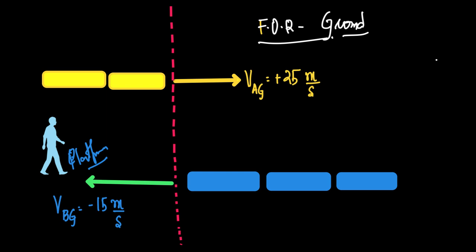So when the observer is on the platform, the frame of reference is the ground, which means every observation made with respect to the motion is with respect to ground.